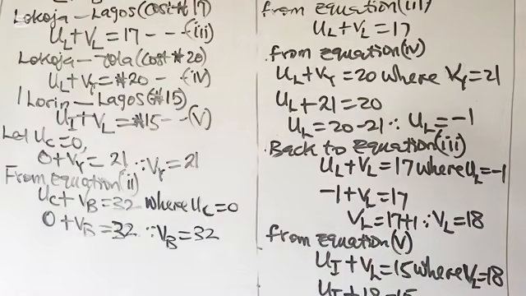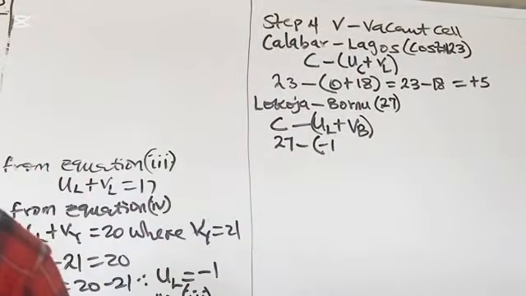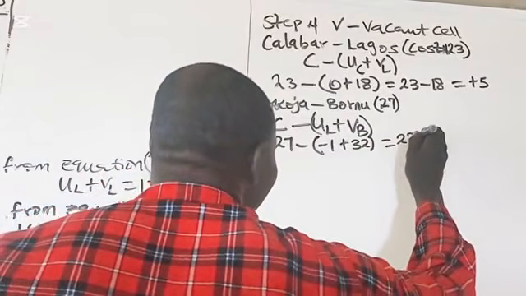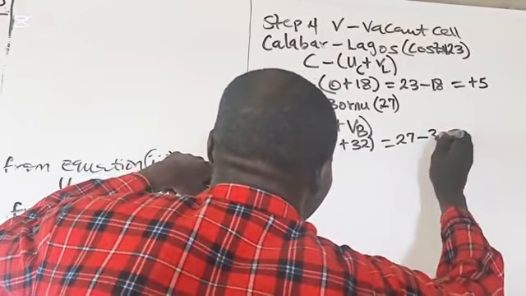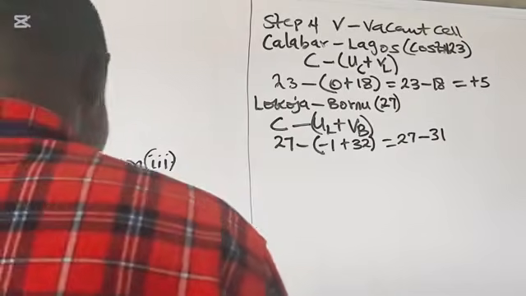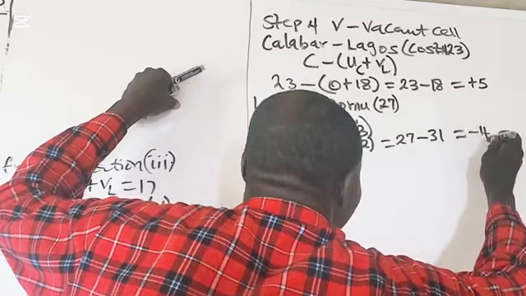UL is minus 1, VB is 32 from step 3. So minus 1 plus 32 is plus 31. So 27 minus 31 gives us minus 4. So this is negative, minus 4.